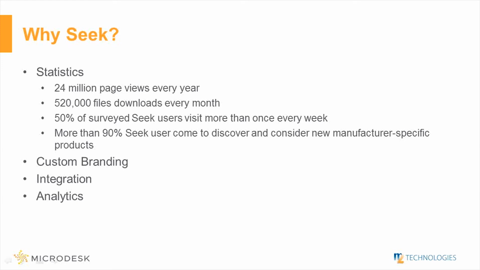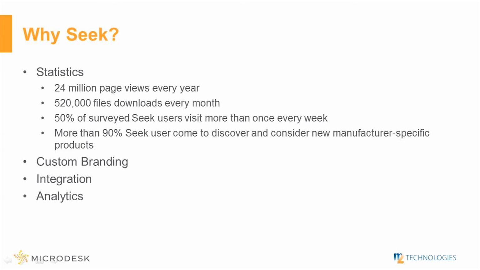Some of the other things that would be advantageous to a manufacturer are things like custom branding. So what you can do is differentiate your product with custom design, say your company logo, customize your search and product pages to match your brand's look. You can advertise out there, you can put promotions, special events that you might have coming up.